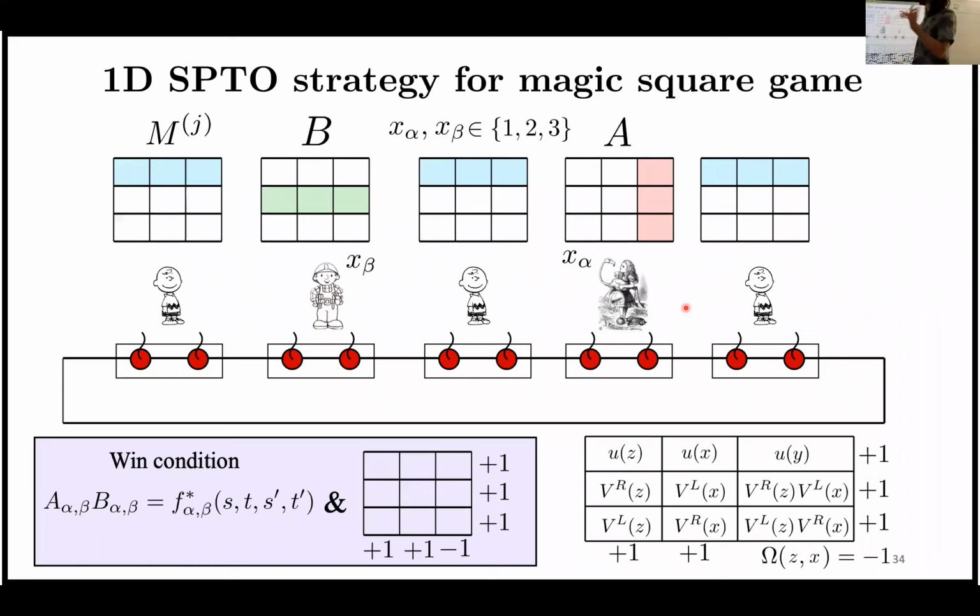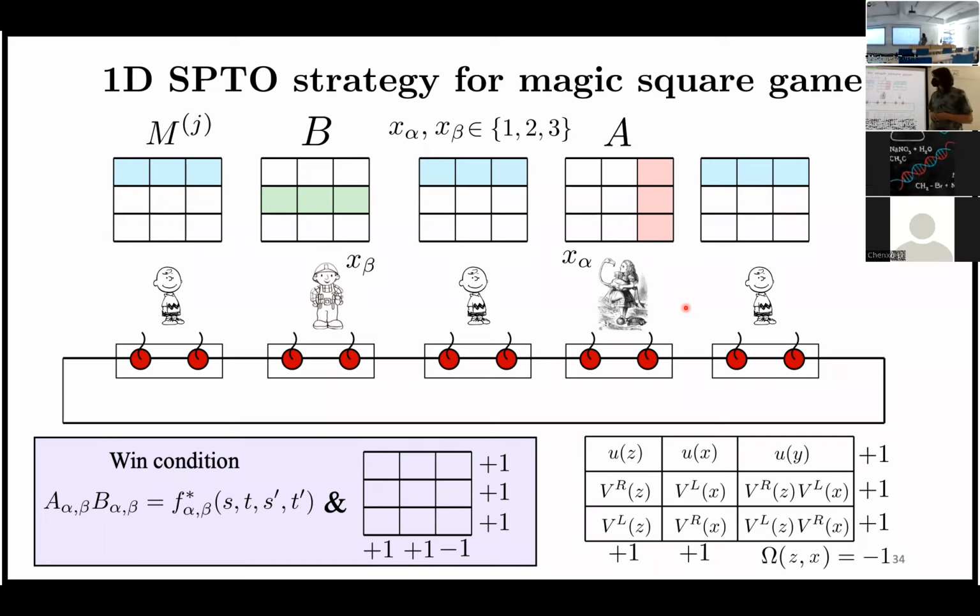There's this other game called the Magic Square game, and you can use 1D SPT ground states to play the Magic Square game in one dimension. But you do get a different bound in terms of what the expectation value of the string order parameter needs to be. It's the same group, but since we're playing a different non-local game, the bound on the string order parameter is different. It's definitely greater than a third. I don't remember exactly what it is, maybe 2/3 or something.